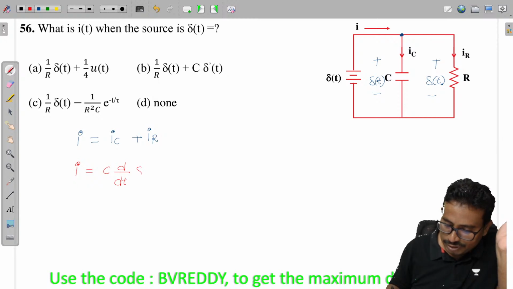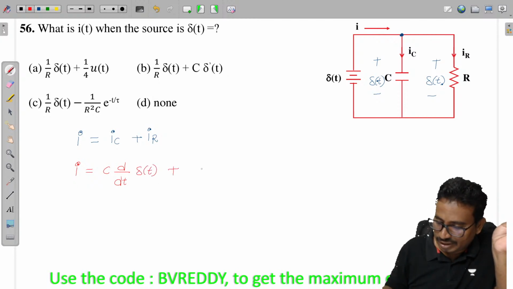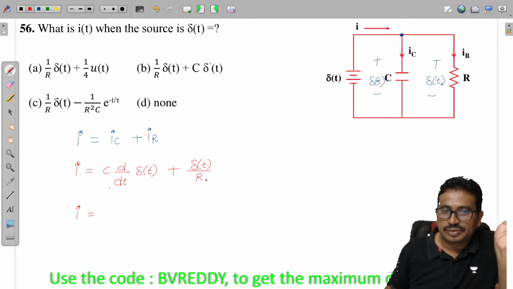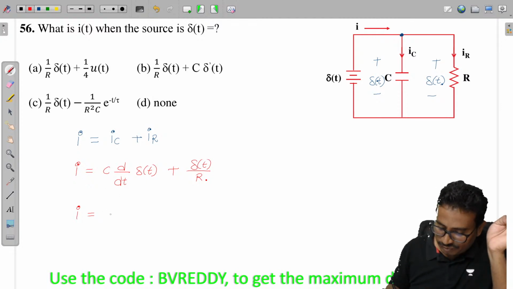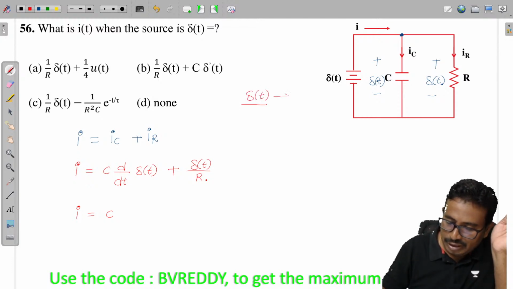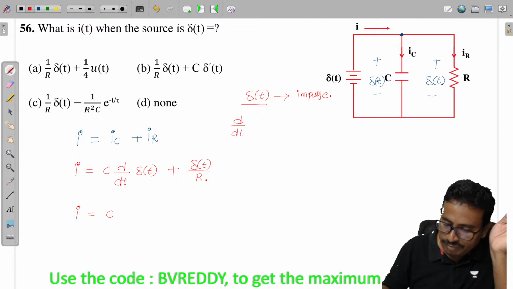So the voltage is del of t, plus IR, which is del of t by R. So finally I is equal to C times the derivative of del of t. Del of t is an impulse signal.